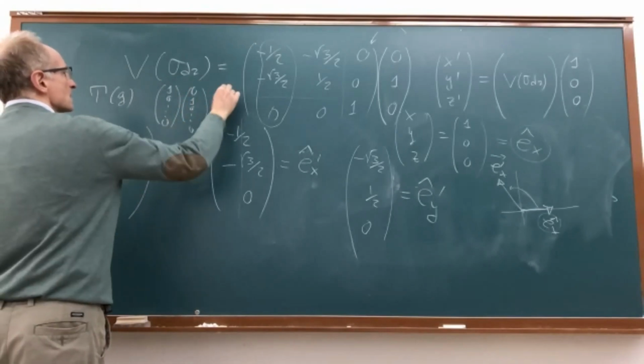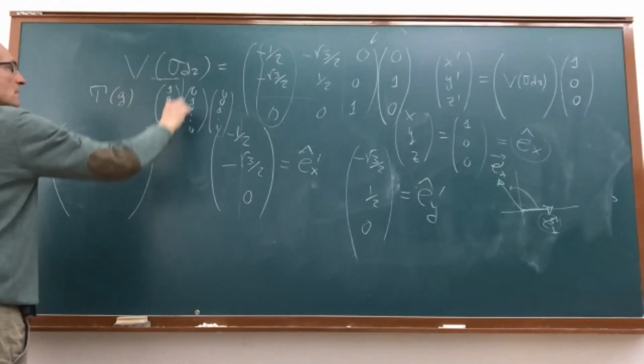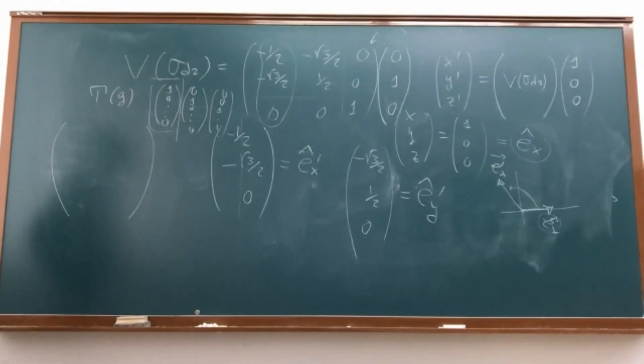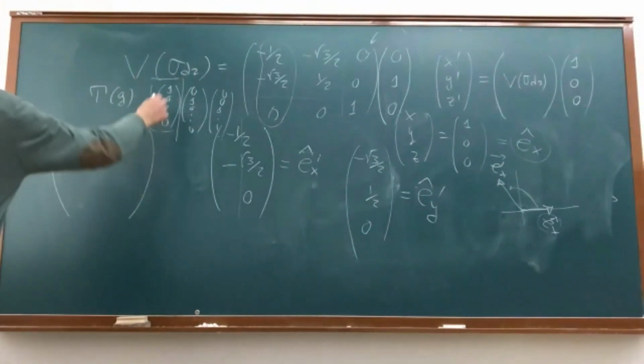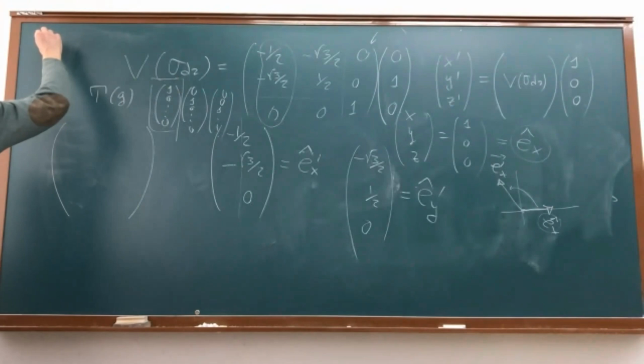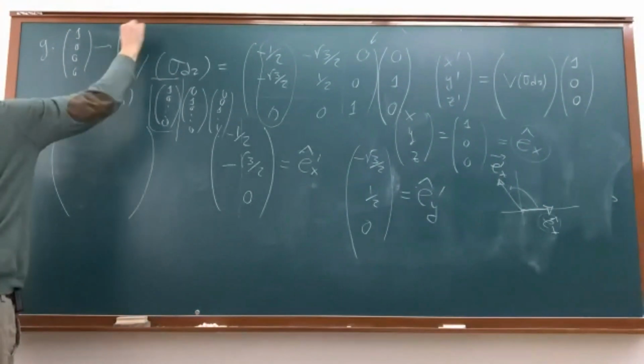A basis. Well, then I look at this vector, this object, see how this is transformed, and then I see that under G, this vector goes into something.